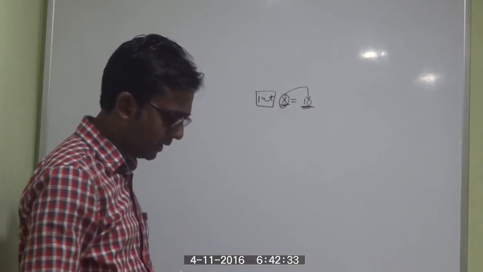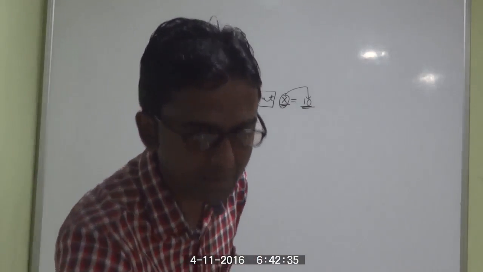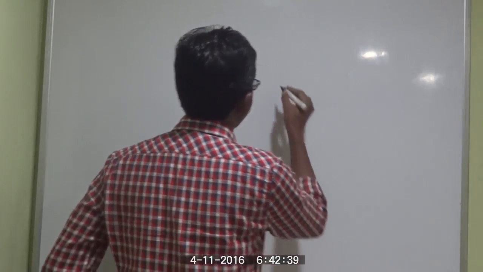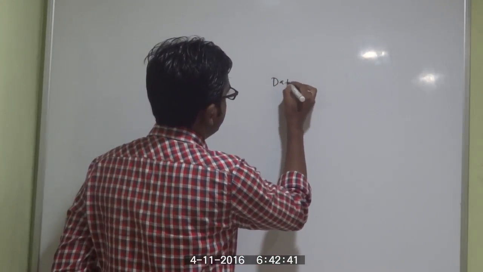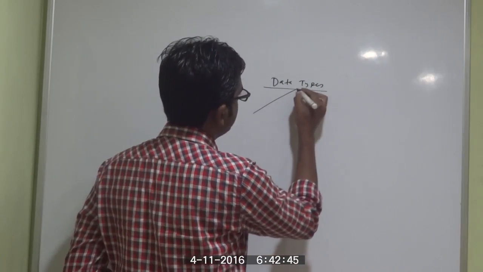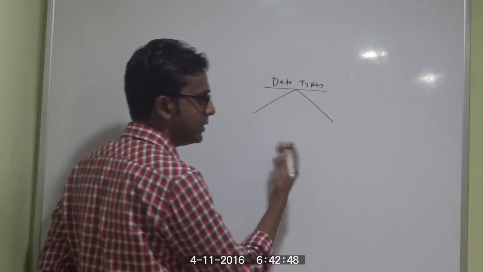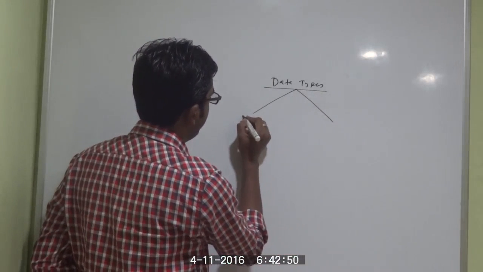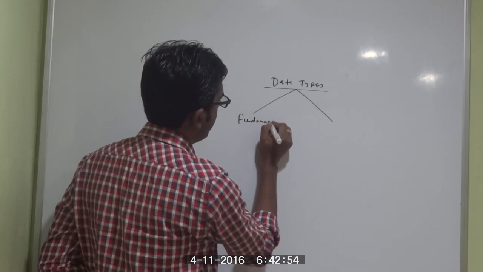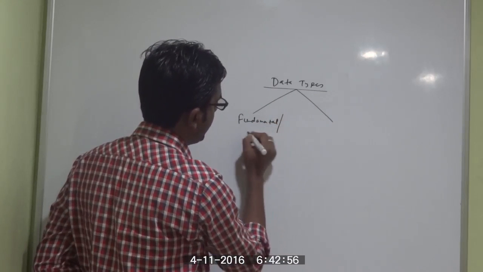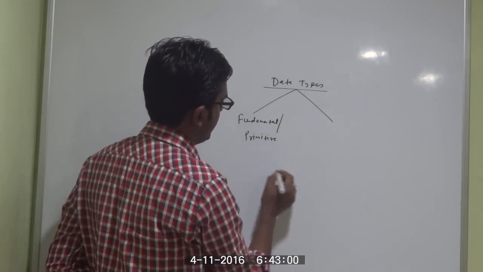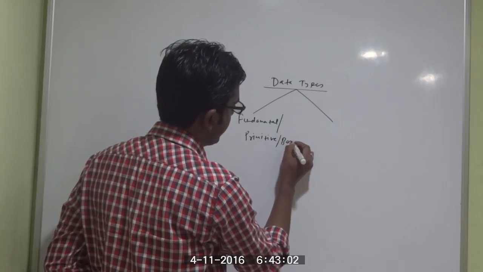Now there are two categories of data types. Let me draw a chart actually. Data types are segregated into two categories. The first one is called fundamental data type, or it is also called primitive, or it is also known as basic.